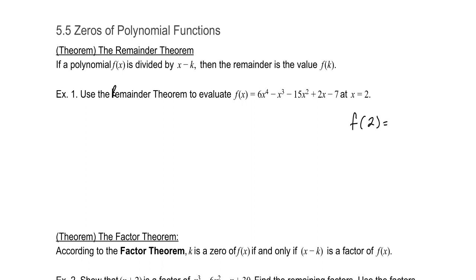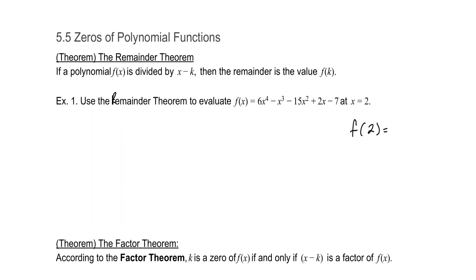Now, the remainder theorem says what we can do is divide by x minus 2. We can exchange this for x minus 2 equals 0 and use that factor, so we'll use 2. Write down our coefficients. We're going to use synthetic division.